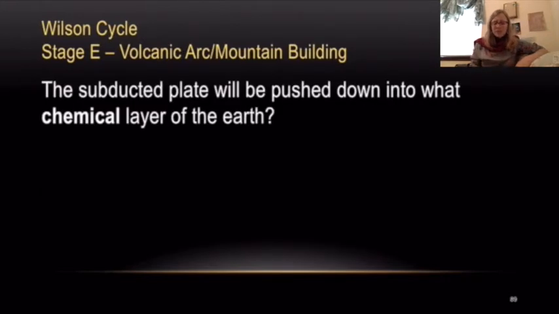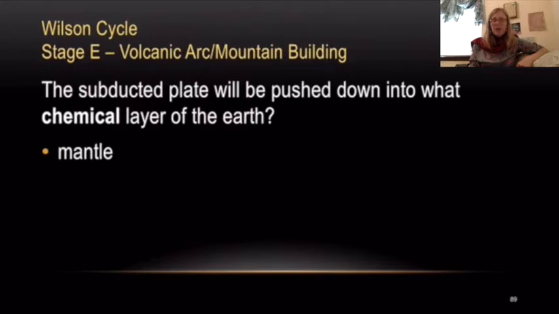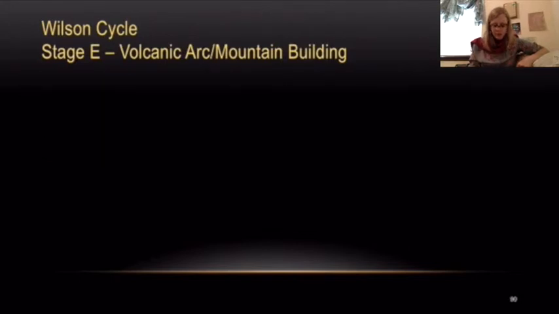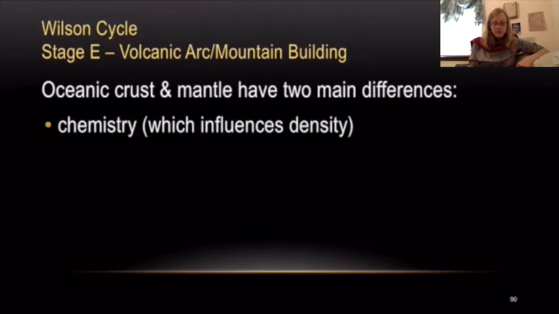The subducted plate will be pushed down into what chemical layer again? So this is crust. What chemical layer is underneath? The mantle. Oh, going too fast, Carrie. The mantle is underneath the ocean crust, right? They have two main differences. One main difference is chemistry, which influences density.